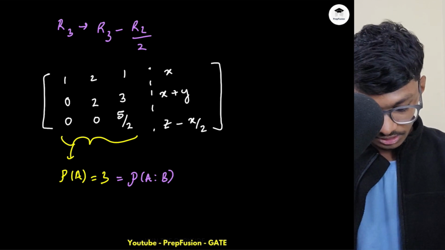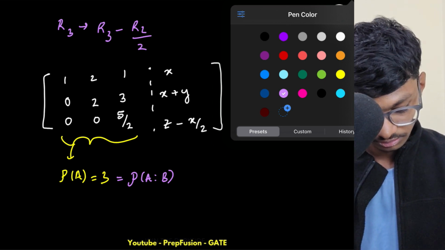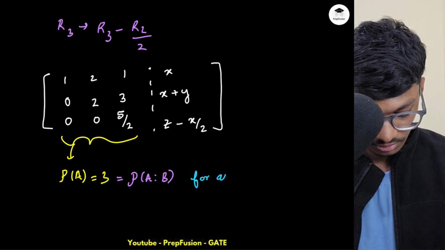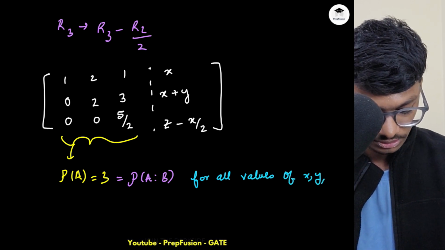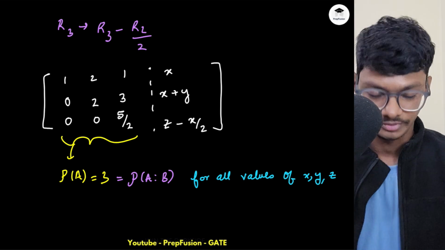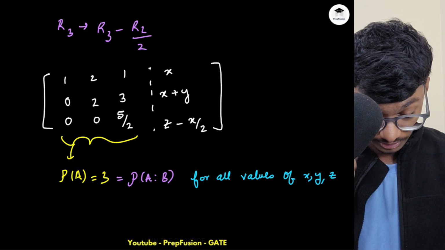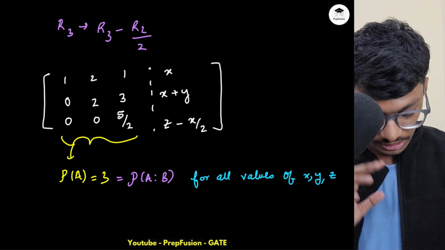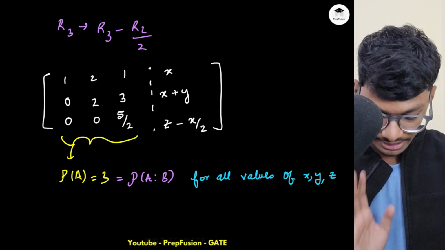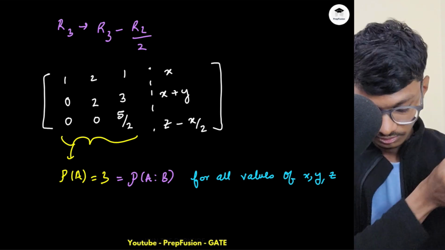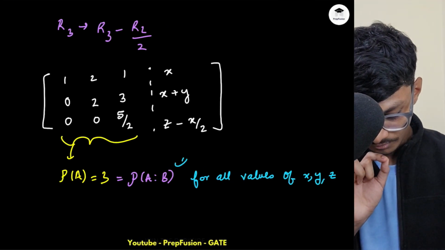Hence, for all values of x, y and z, we can say that this is a linear span of V. So from here we can say this condition is satisfied.